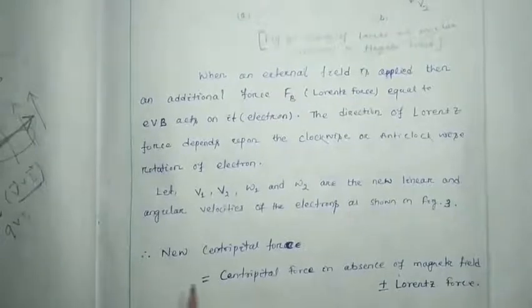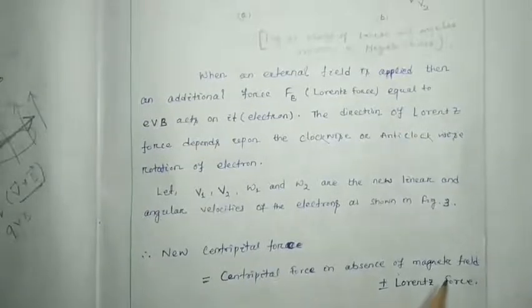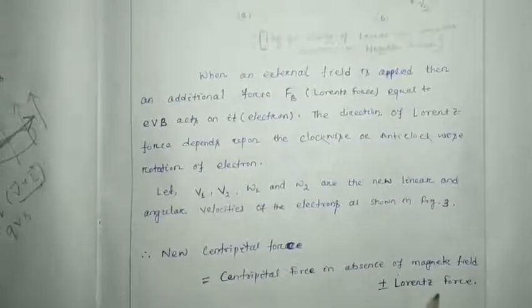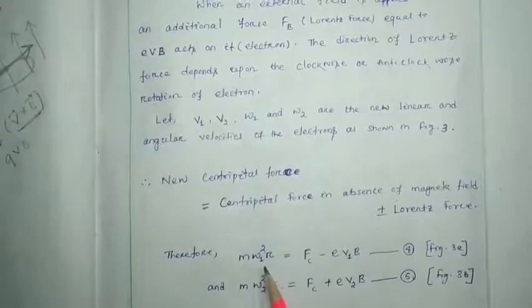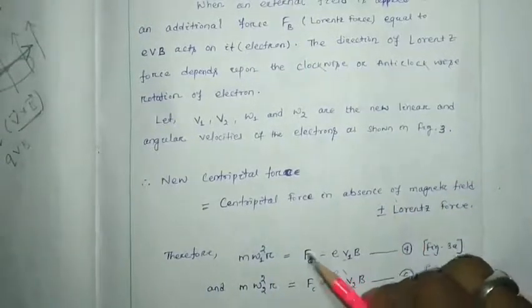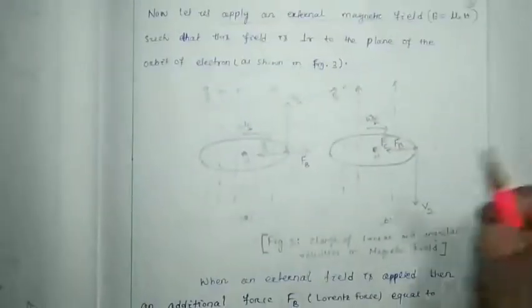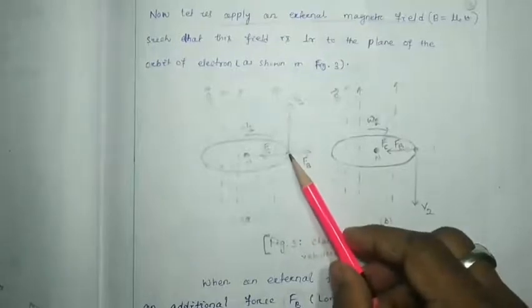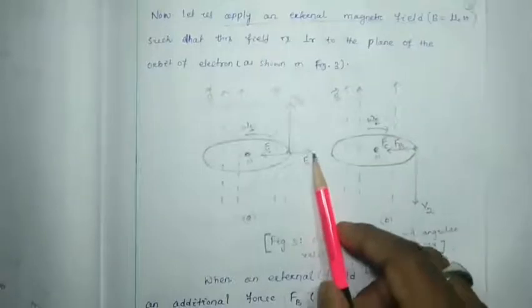Now the centripetal force will be calculated as the centripetal force in the absence of a magnetic field plus or minus the Lorentz force, that is your induced magnetic force. So for electron 1, the centripetal force will be Fc minus e v1 B. You got my point. Whenever we apply the magnetic field, this Fb is going to be induced.